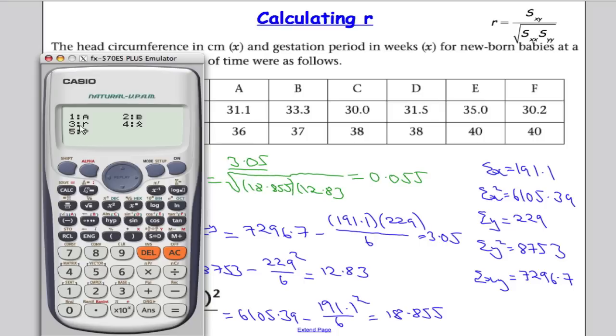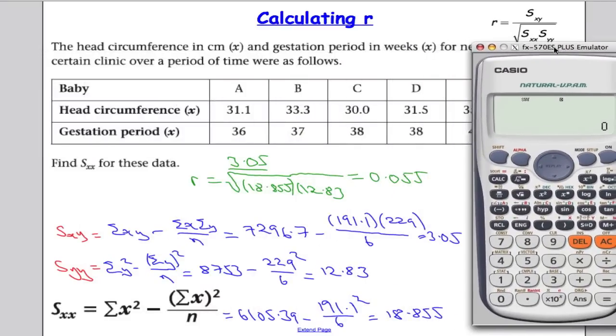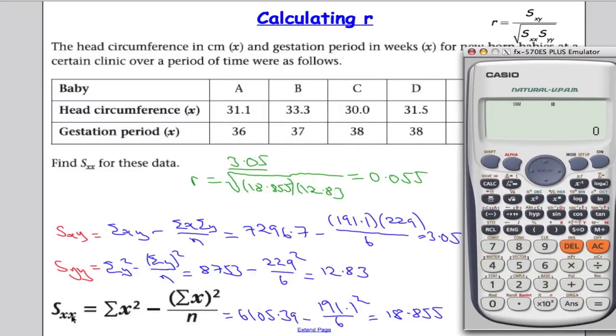If I want to calculate R, which is 3, press 3. Let's hope this works. That didn't quite work out right. Don't know what's gone wrong in that sense. Anyway, my advice to you is calculate it using SXX, SYY, SXY. Show the examiner all your workings, and I am pretty certain that 0.055 is the correct answer for that question.